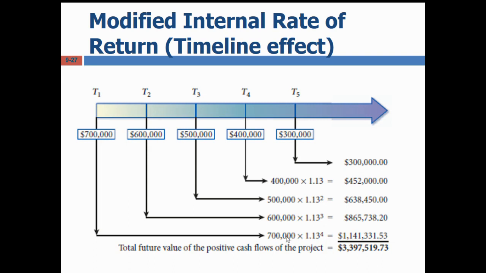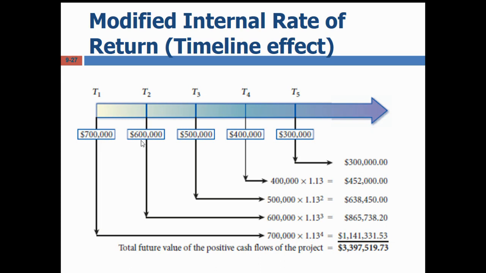So your 700,000 becomes 1.141 million. After reinvesting until the end of the project for 4 years, you get 1.14 million.